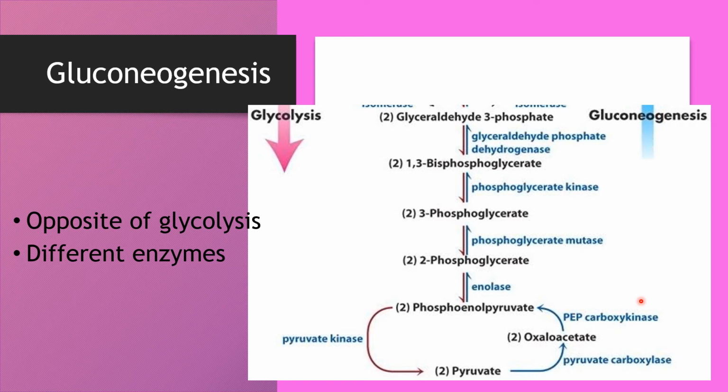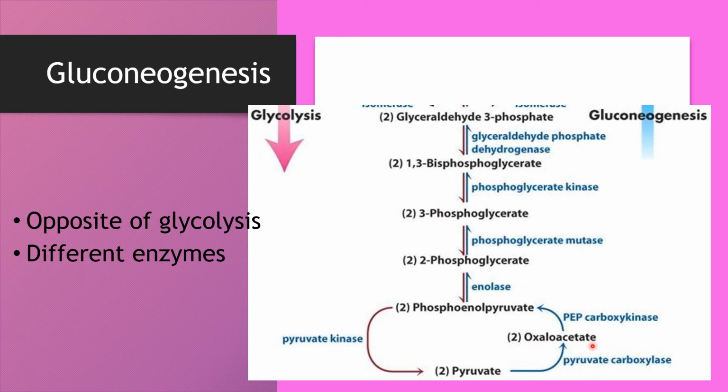Pyruvate reacts with this pyruvate carboxylase, okay, to get us the oxaloacetate, and then that reacts with PEP carboxykinase to get up here to our phosphoenolpyruvate, okay, and the next three steps, you might see they look familiar from glycolysis.